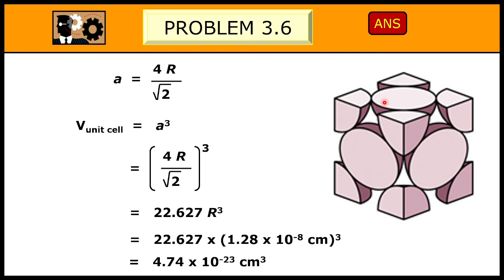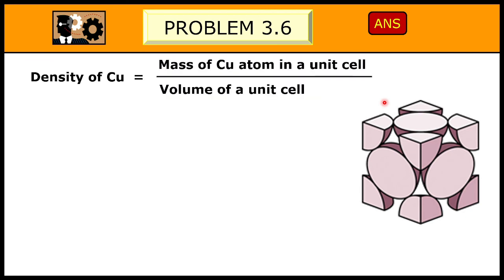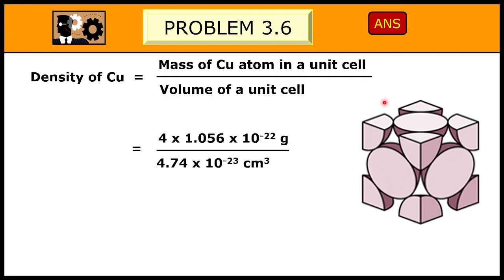The mass of atoms in a unit cell: because it is FCC, a unit cell contains 4 atoms. So you need to multiply the weight by 4: 4 times 1.056 times 10 power of negative 22 gram.